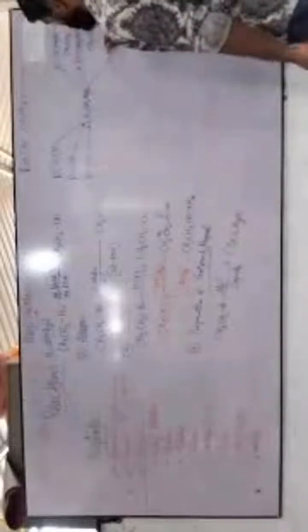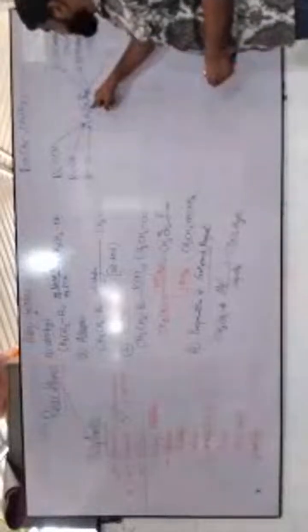If I use RBr, this Br will go towards this MgBr. This R will go towards this carbon. So this is plus and this is minus now. This was already minus, as I said, and this is already plus.